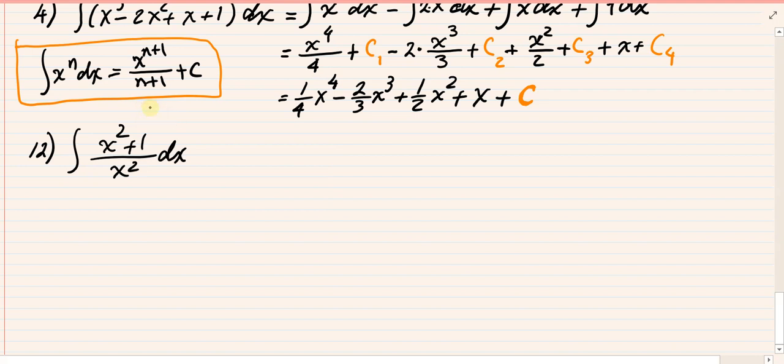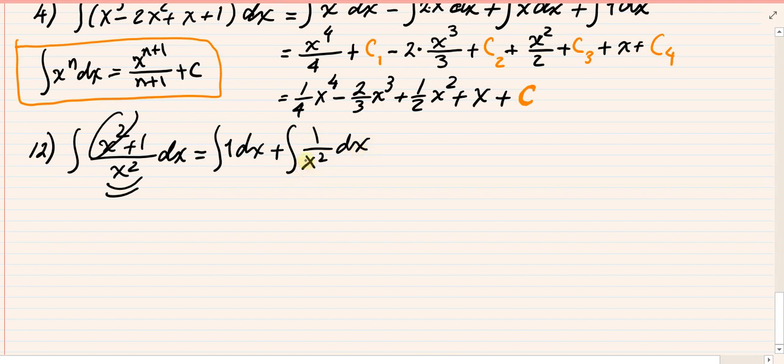So what do I need to do here? Well, I'm going to divide individually by the denominator x squared. So x squared over x squared, that's 1, dx, plus 1 over x squared dx. See? So I did two things. I split it into two integrals, and I divided individually by the monomial in the denominator.